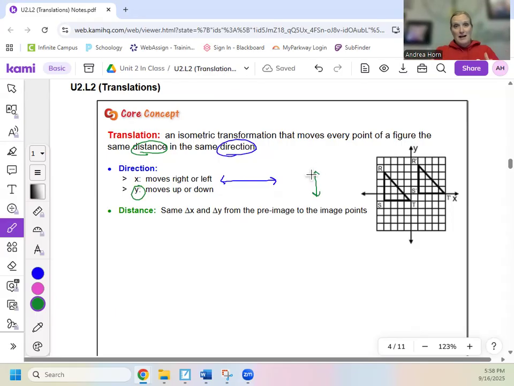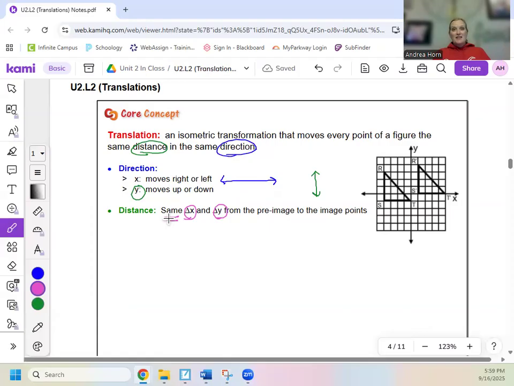So if I have a change in x, I'm moving it left or right. If I have a change in y, I'm moving it up or down. The distance is just the same distance, okay? So it's going to be the same left or right, and the same up or down, all right? So if I move 1 point left 3 and down 4, I'm going to move every point left 3 and down 4. So the big thing is that we just do the same change in x and change in y, okay?